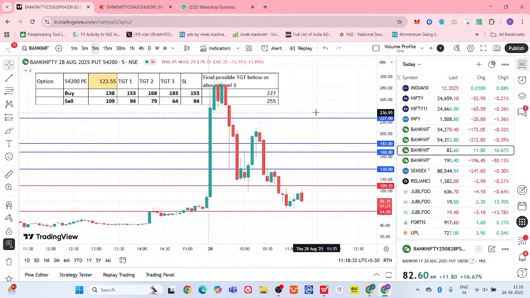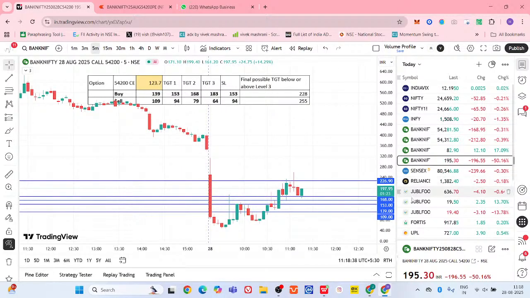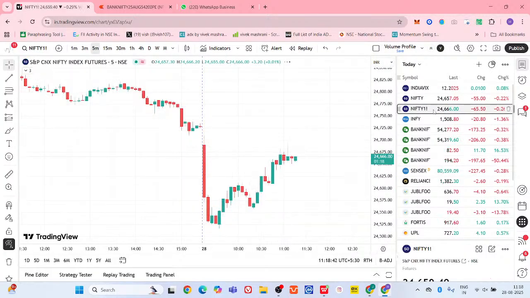Now, whether the put side will trigger or the call side will trigger, I think only the call side is triggering. Let's look at Nifty 24,650.